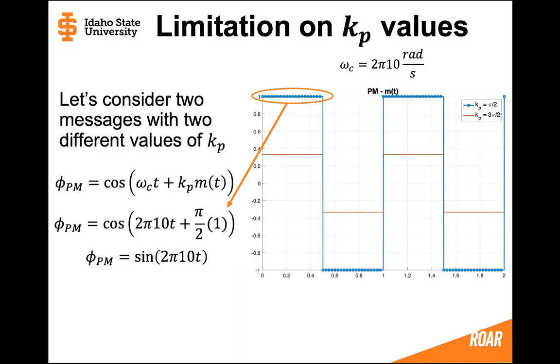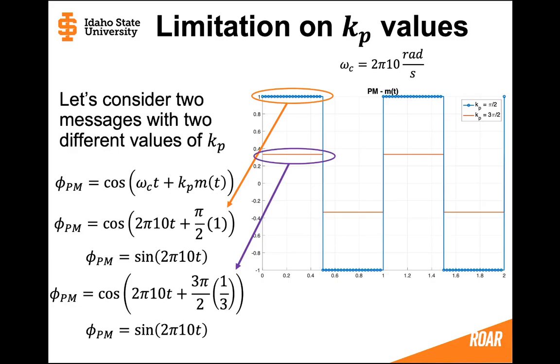But what about the red message? Well, for the red message, we're actually going to get the same thing, because the value of Kp is 3 pi over 2, and the message is 1/3. When we substitute this in, we have the same phase modulated signal, which is sine 2 pi times 10t.